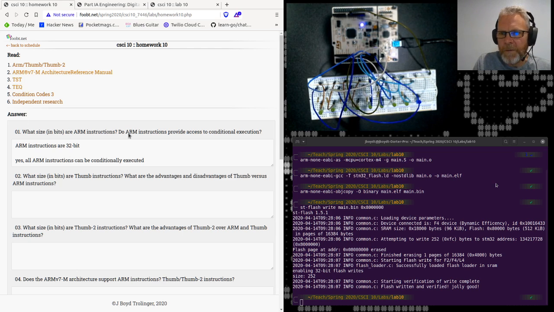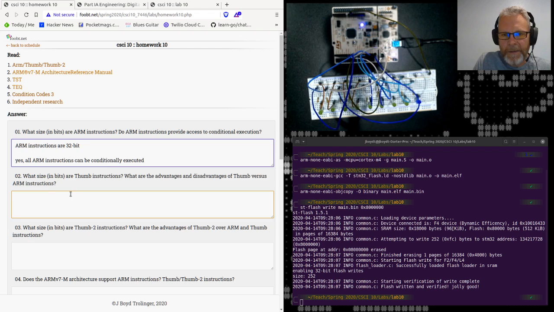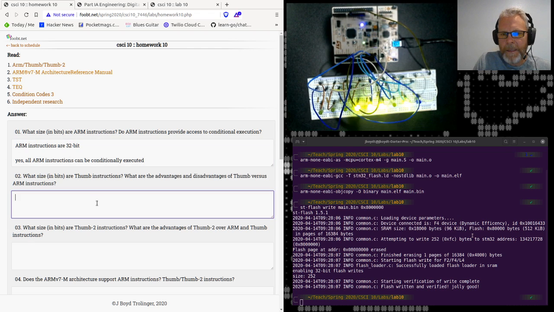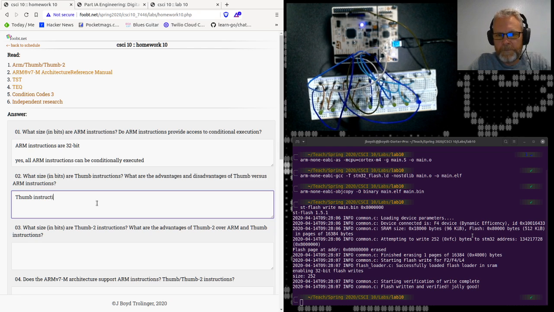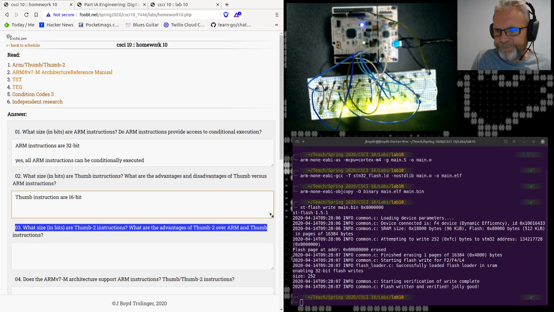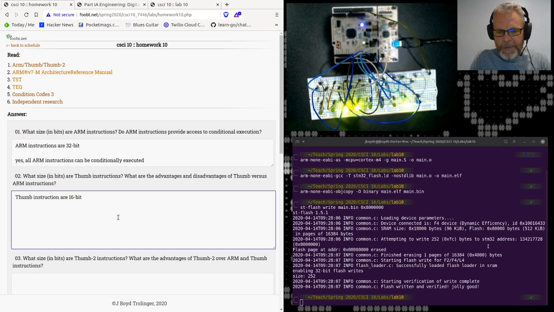Okay, so the next question, Thumb. Thumb is a variant in the ARM processor world of instructions. Thumb instructions are 16-bit. So they are smaller, and that has obvious advantages, at least I think.